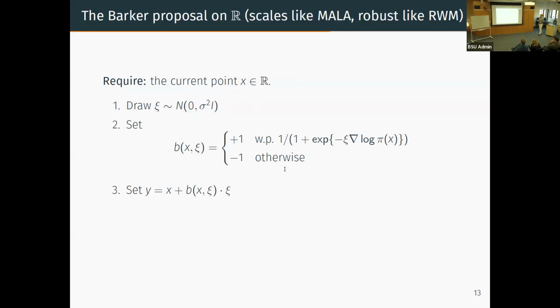Right? So if we step back for a second, if I made this probability a half, I would be doing random walk Metropolis. So I sample some symmetric zero mean noise, and then I multiply it with something which can be +1 or -1, each with probability a half. Well, I'm not changing the distribution of that thing.